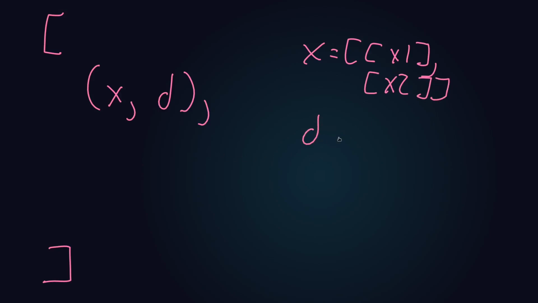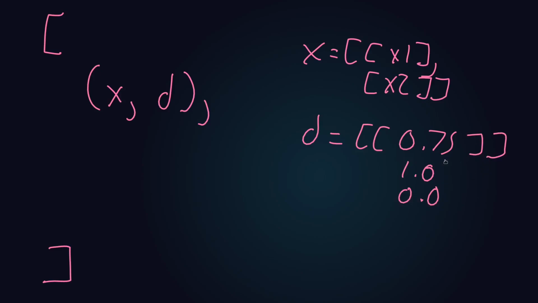And then the output label, the desired behavior, is going to look like this, 1 or 0, depending on which problem we're doing.